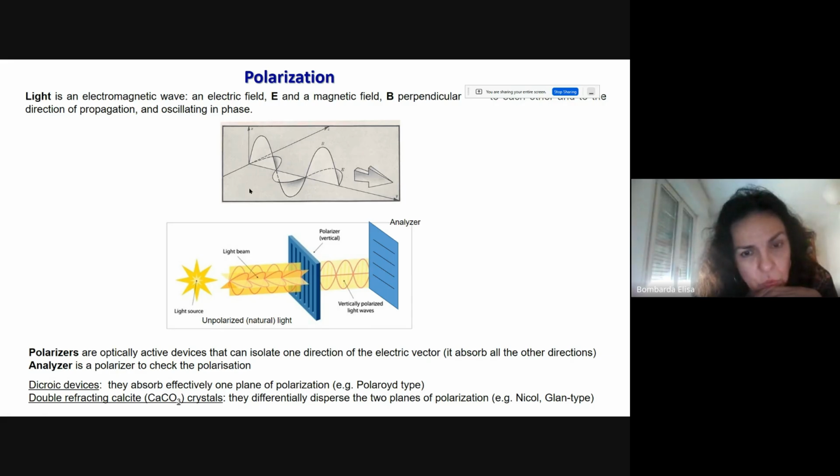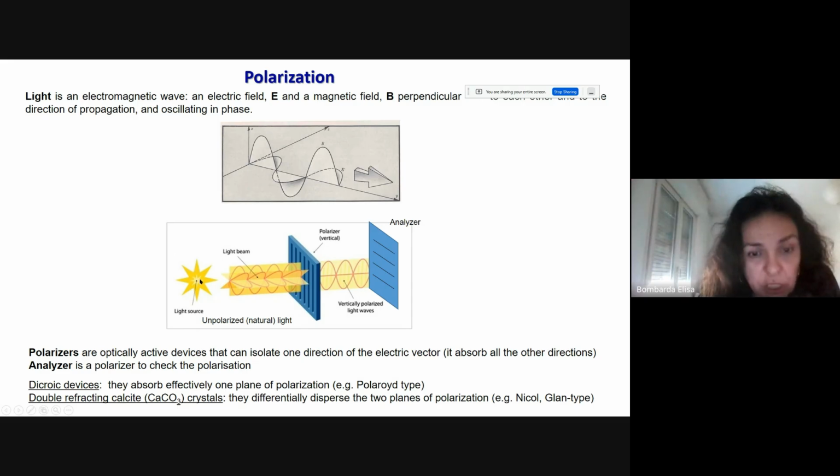and so that is what happens with normal light. So let's see how a polarizer works.